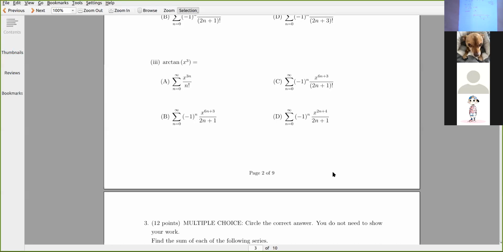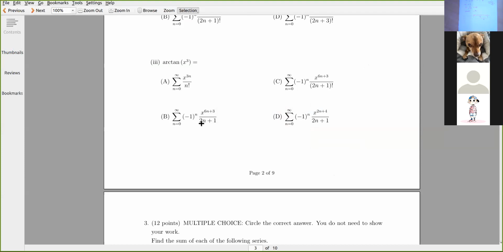is the denominator. So if there's factorials in the denominator, like an n factorial in the series, those we see in exponentials, sine, and cosine. So not that guy, not that guy.